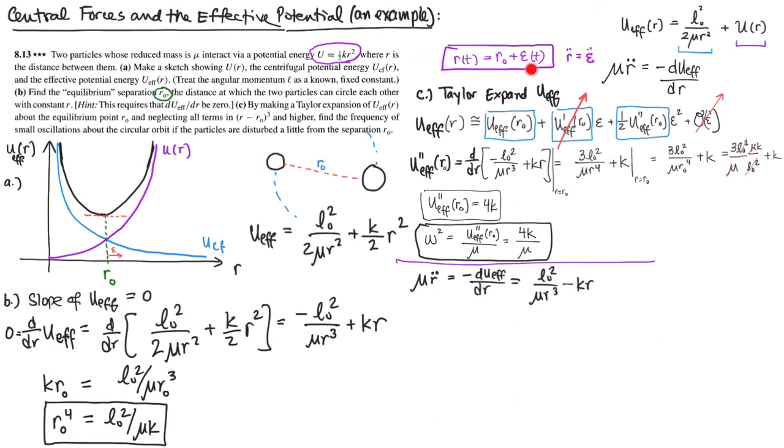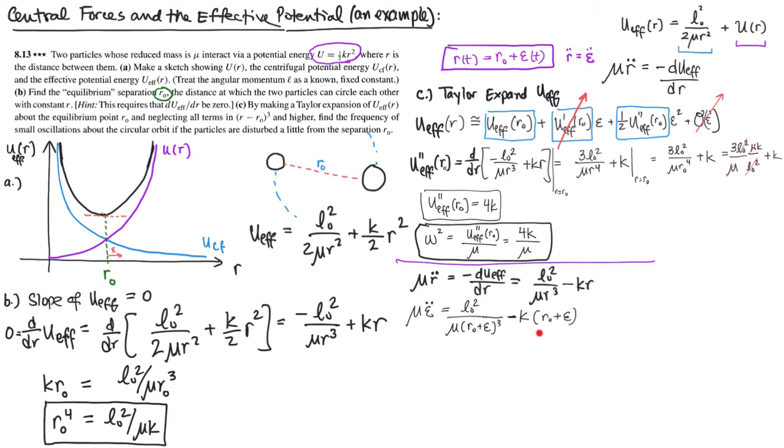So using the purple equation and our equation of motion, we find mu epsilon double dot is equal to L naught squared over mu times (r naught plus epsilon) cubed plus k times (r naught plus epsilon). And we want this to look like epsilon double dot is equal to minus omega squared times epsilon.